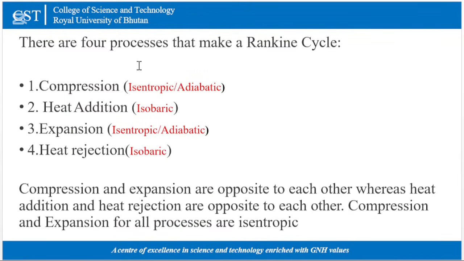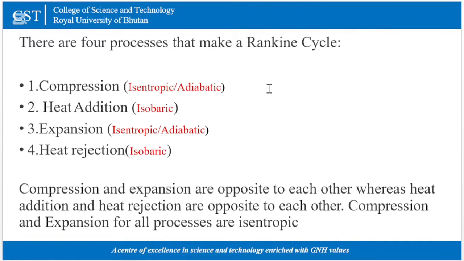There are four main processes that make a Rankine cycle, and these are the most important processes. Once we complete these processes, the basic fundamentals of the working principle of the Rankine cycle are over. The first process is compression. This compression happens at constant entropy, so we call it isentropic compression, or it happens in an adiabatic way.